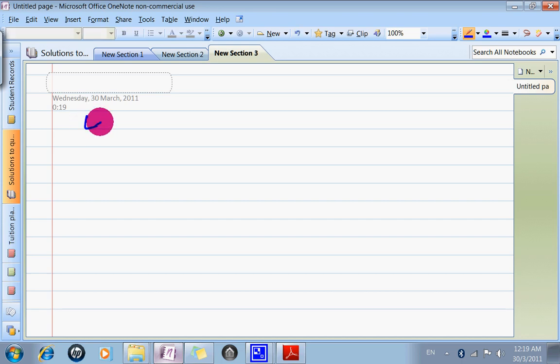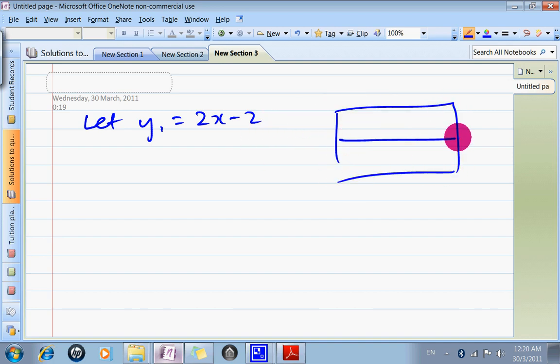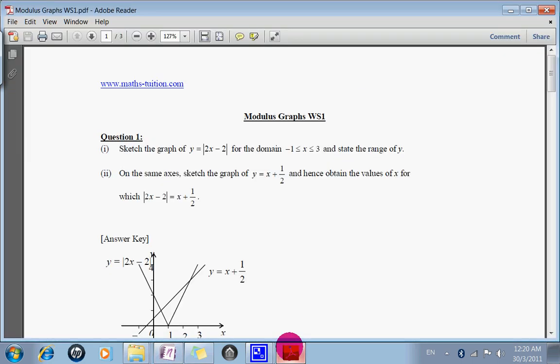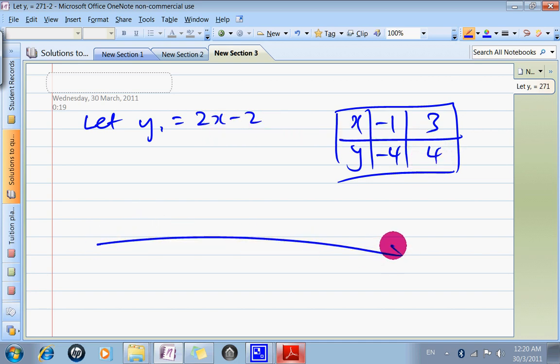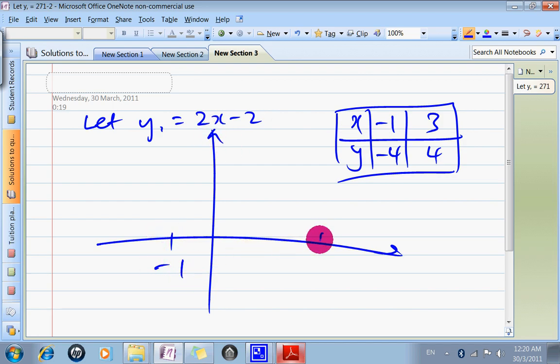So we'll let y1 equal 2x minus 2, and we shall plot the extremes. For a linear one, we just need to know the extremes. The extreme values are x, y, and we are told to plot from minus 1 to 3. So sub it in, and here it gives me negative 4 and 4.